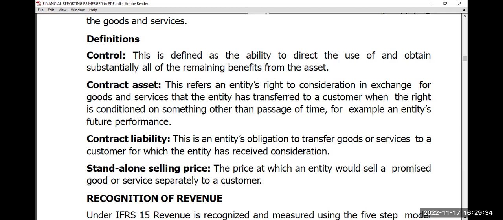Within the contract that you've signed with that company, it stipulates that for you to start demanding payments, you are supposed to deliver a certain quantity of items. Maybe for you to start receiving the payment, you must have submitted, let's say, 10 tons of coffee to that company for you to start receiving that money.